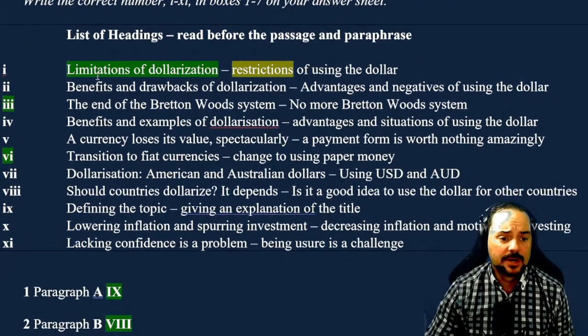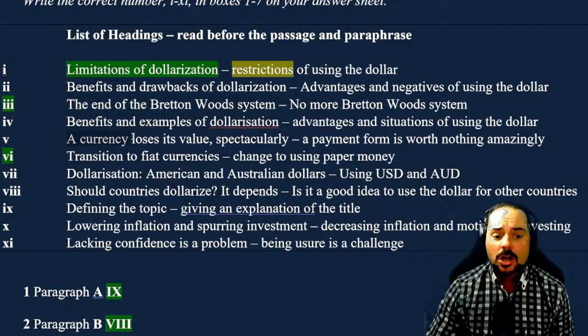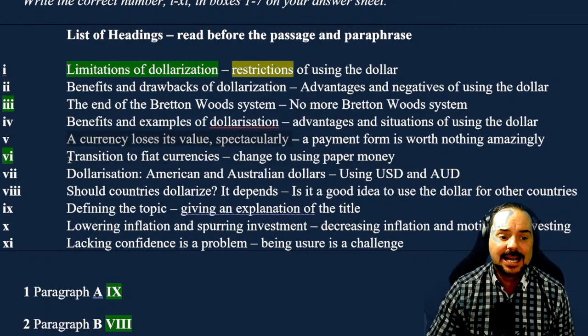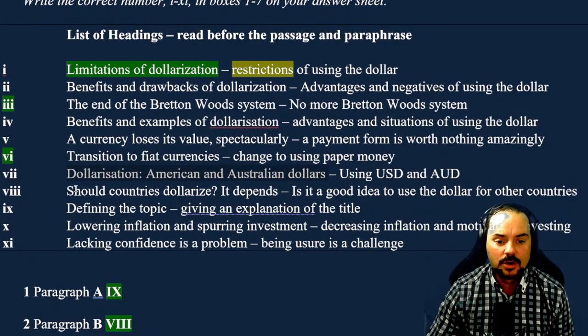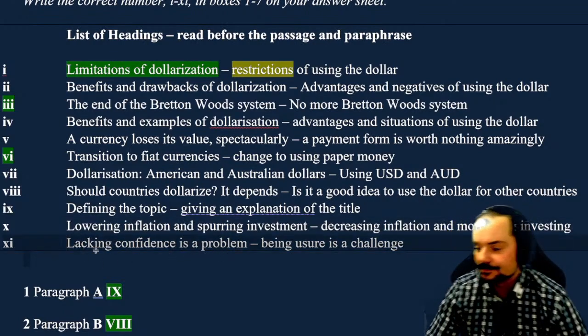Limitations of dollarization, benefits and drawbacks of dollarization, the end of the Bretton Woods system, benefits and examples of dollarization, a currency loses its value spectacularly, transition to fiat currencies, dollarization, American and US dollars, or American and Australian dollars. Should countries dollarize? It depends. Defining the topic, lowering inflation and spurring investment, or lacking confidence is a problem.